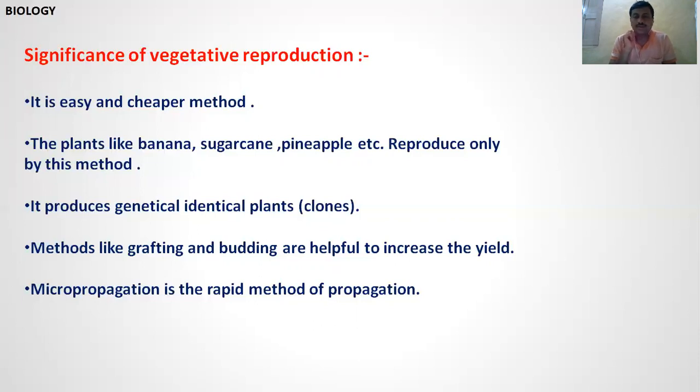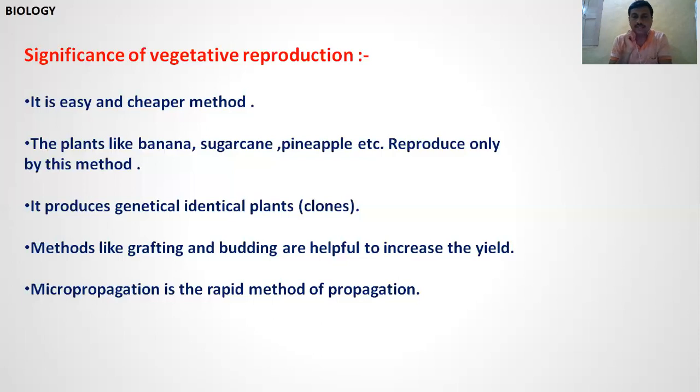Then micropropagation. It is a rapid method of propagation because it is a tissue culture technique. A single cell from any part of the plant can produce new offspring. This is the significance of vegetative reproduction.